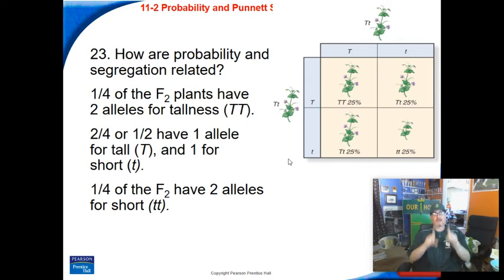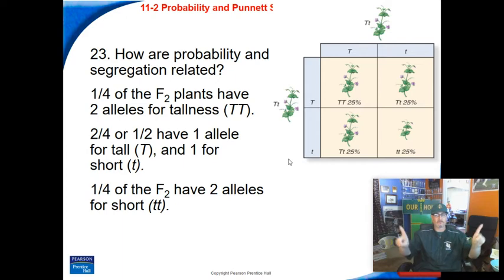Segregation referred to the fact that two alleles, remember all parent cells have two alleles or two chromosomes. When gametes, sperm and egg cells are made, it separates those two chromosomes, separates those two alleles, okay? The only way for the short individual in the F2 generation to come back is if each parent has one little t.